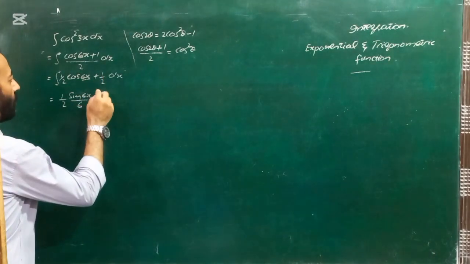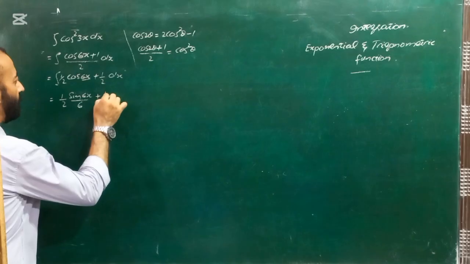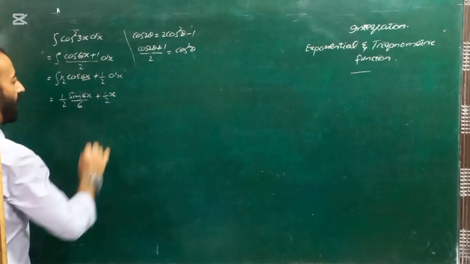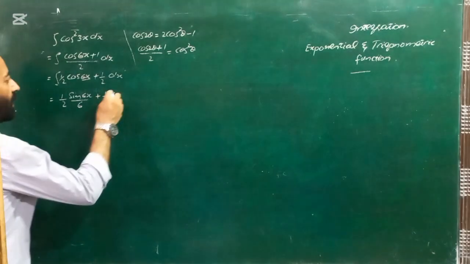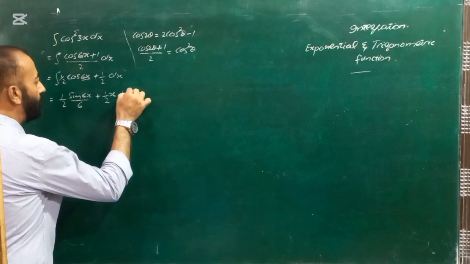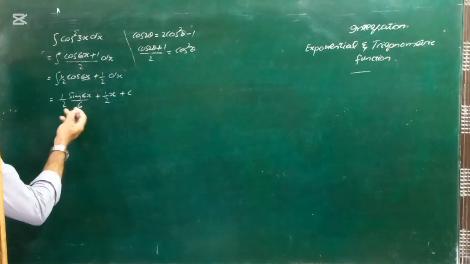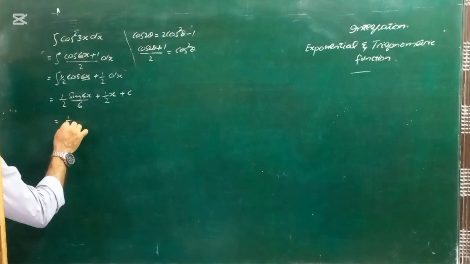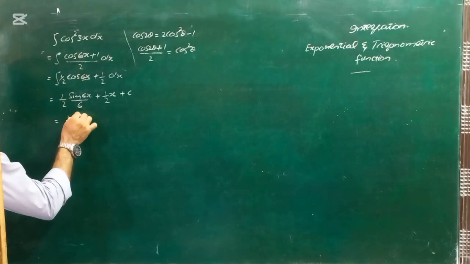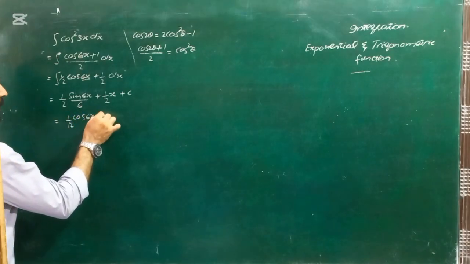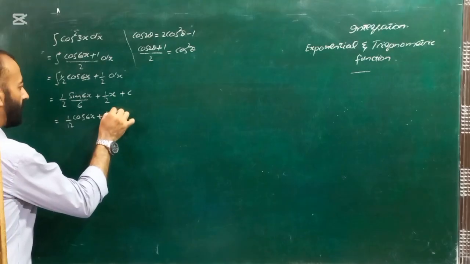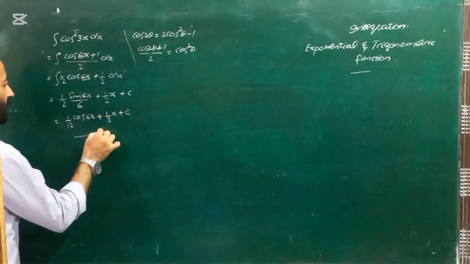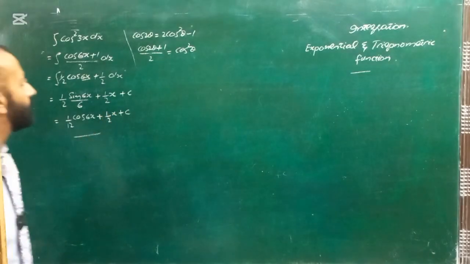And this is a constant value, so 1 by 2 will put as it is, and our x will be placed with it, and after that you have to put plus c, and then simplify the question. This 2 and 6 will become 1 by 12 cos 6x plus 1 by 2x plus c is as it is, so this is the answer.